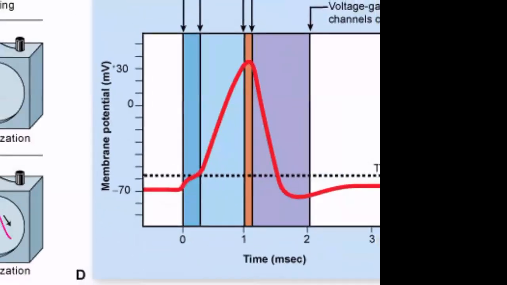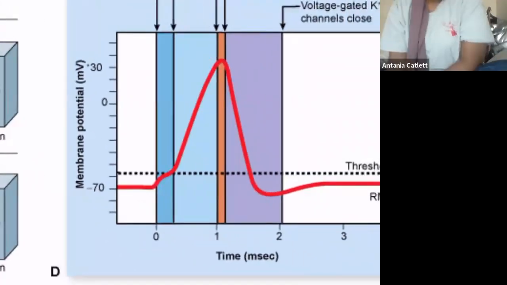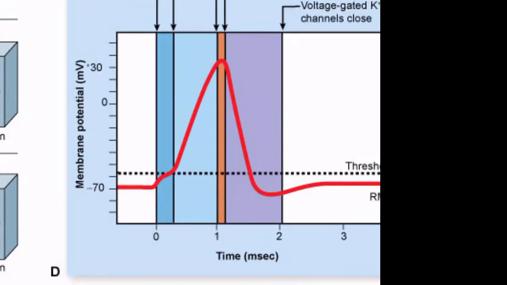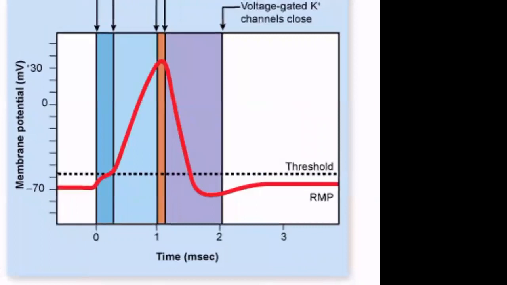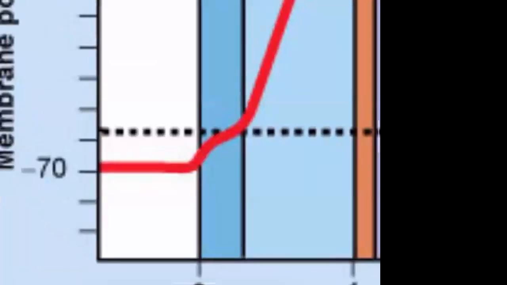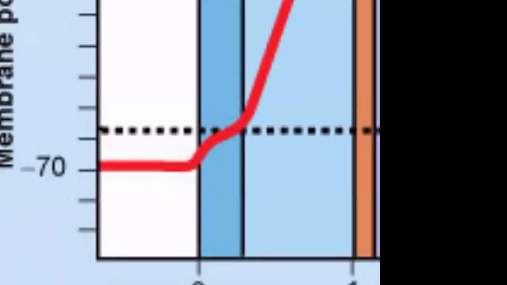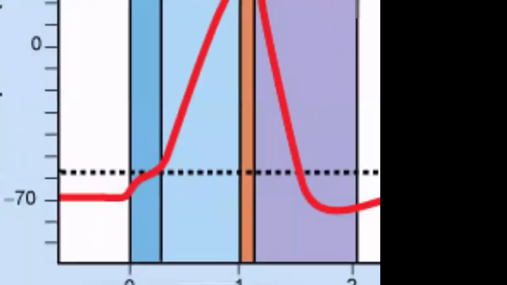In order for this big change, and you can see it goes up above 30 millivolts, in order for that to happen, it has to get past that dotted line. So you see it's going from minus 70, it's becoming more positive. If it suddenly stopped at minus 80, then it wouldn't be enough for this whole rest of the electrical charge to occur.